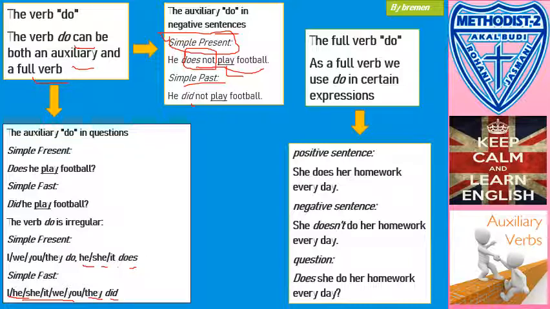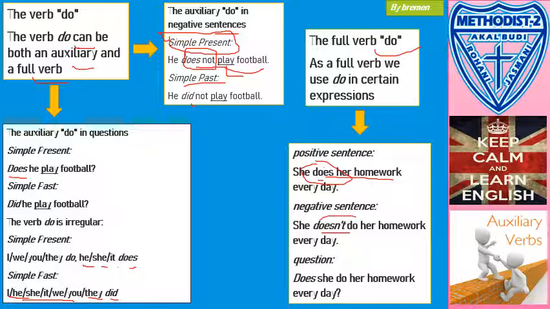Okay, what about "do" as a full verb? As a full verb, "do" is used with certain expressions. She does her homework. The meaning is doing homework. It is a full verb, so "does" here is not the same as "does" in "doesn't". "Does" here is an action verb, to do something, and that's the reason it needs "doesn't" to do it. Why?